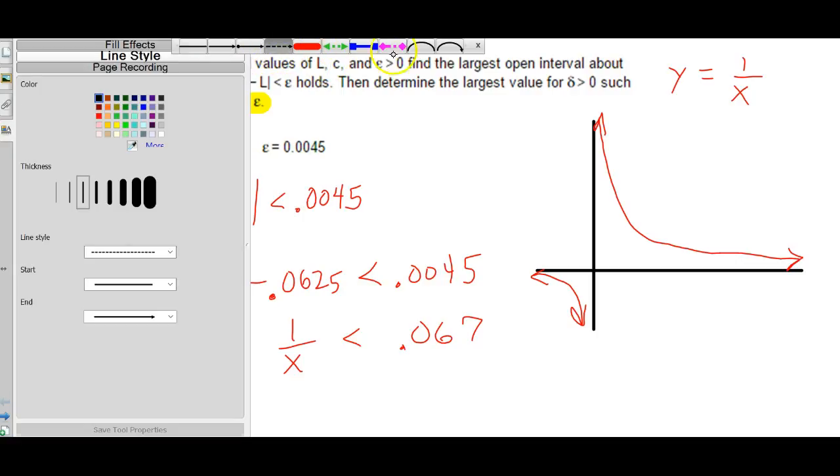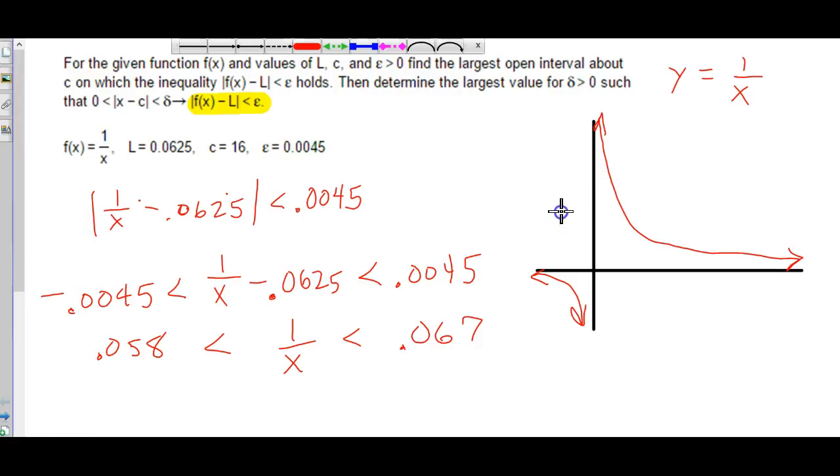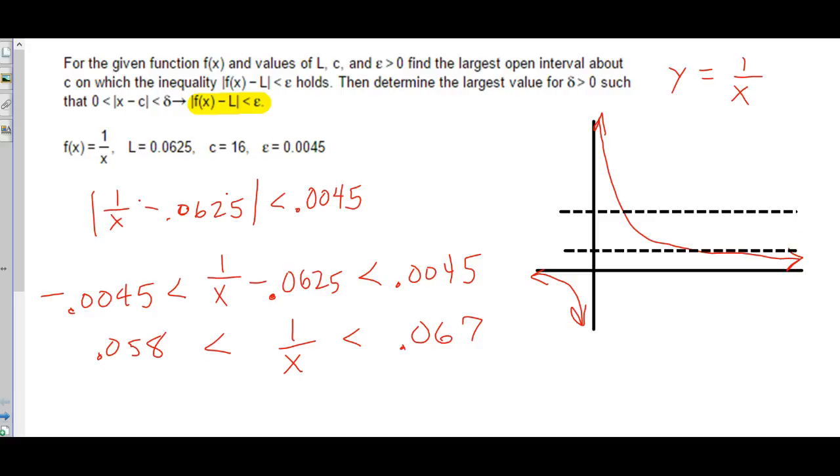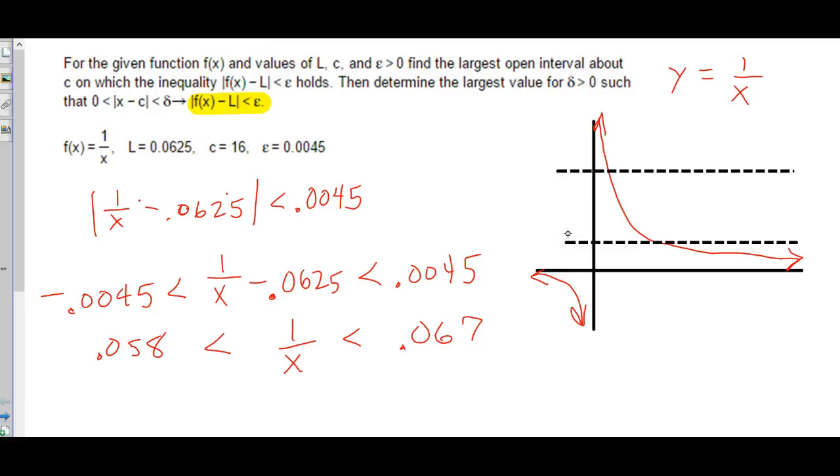Let's say this one above is y equals 0.067, and this is y equals 0.058. So these two horizontal lines: this is where 1 over x is equal to 0.067, that's a little bit higher, and this is where it's equal to 0.058.